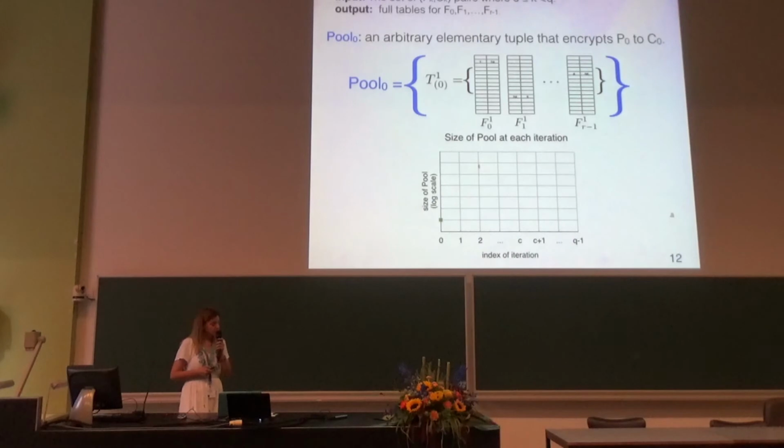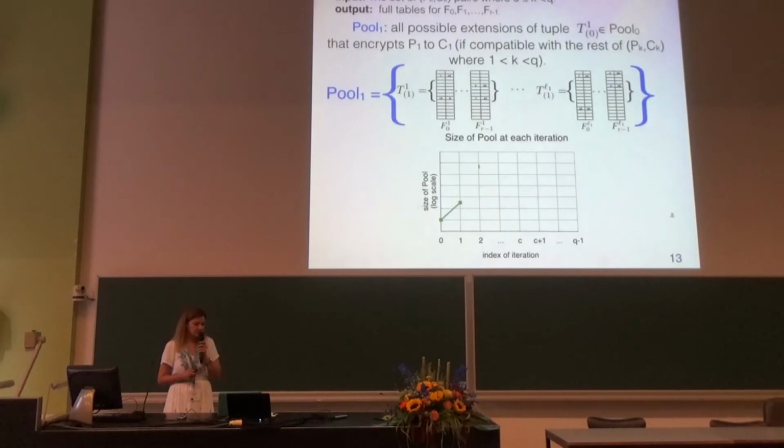I'm also going to show you along the way how the size of the pool changes, in logarithmic scale, because it's going to get really big. In the first iteration, I have only one tuple. In the second iteration, I will look for all possible extensions of the tuple that I had in the previous pool, which has only one tuple, that will encrypt P1 into C1.